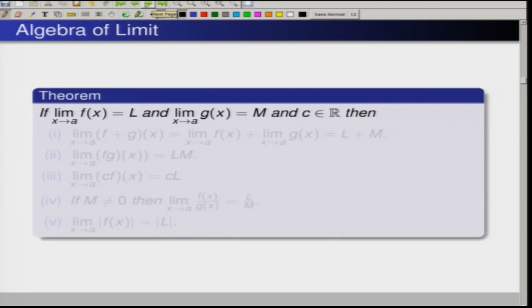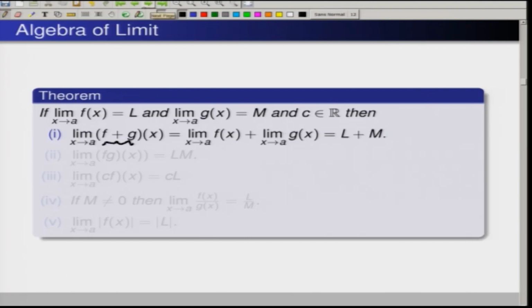Let us take C any real number. Then what one will get is that the limit as x goes to a of (f plus g)(x), which is f(x) plus g(x), is going to be equal to the limit of f plus the limit of g, which is L plus m.